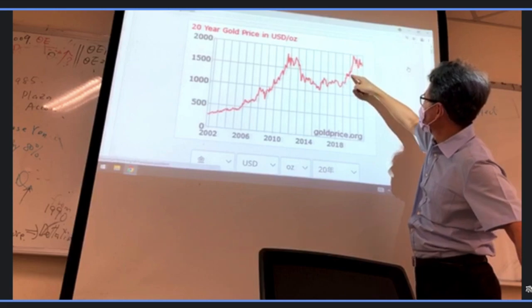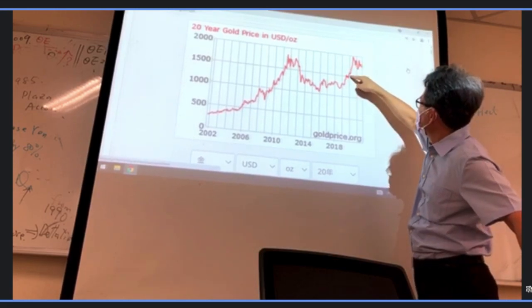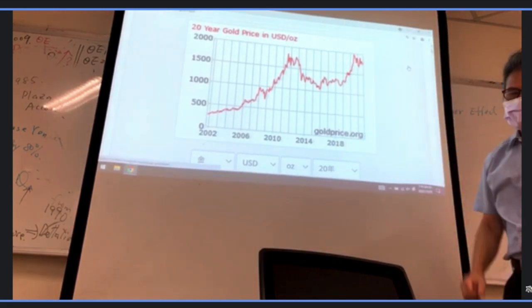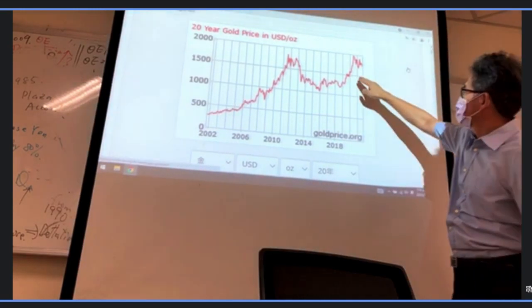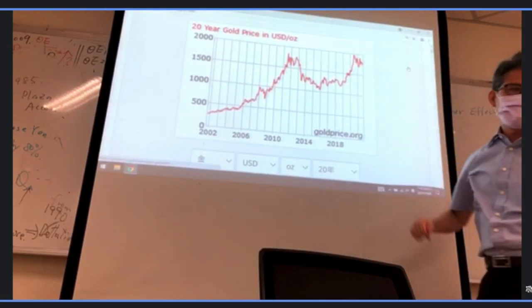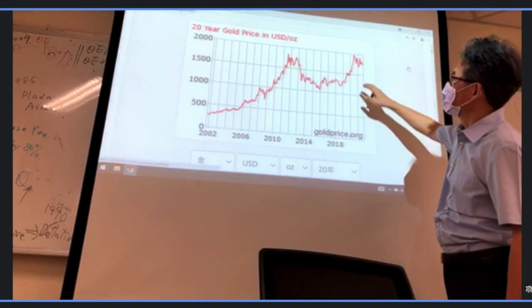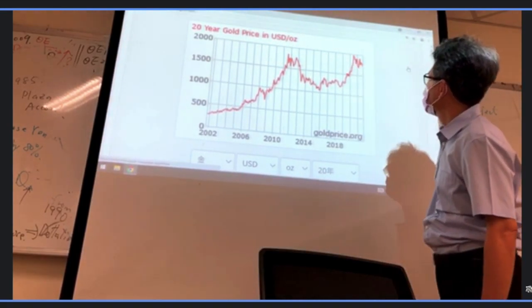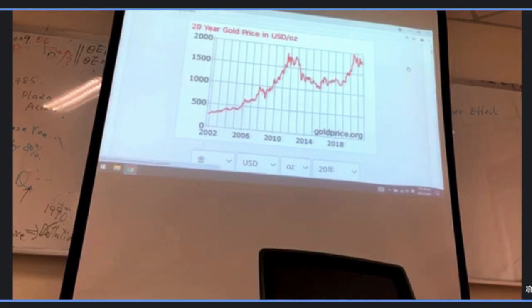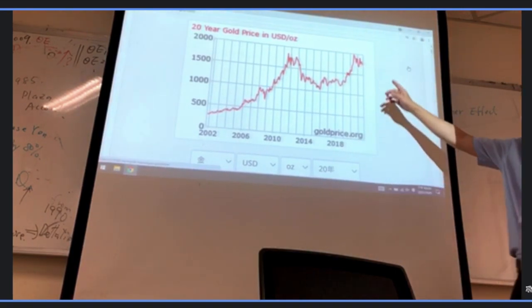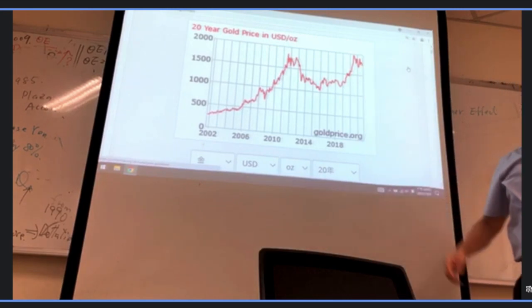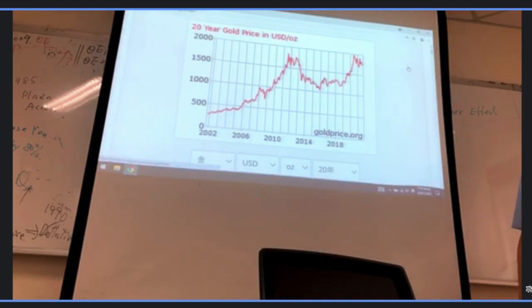QE infinity was 2020, March. So it reached another peak, almost to 2000. Okay, so this is gold price versus the inflation.